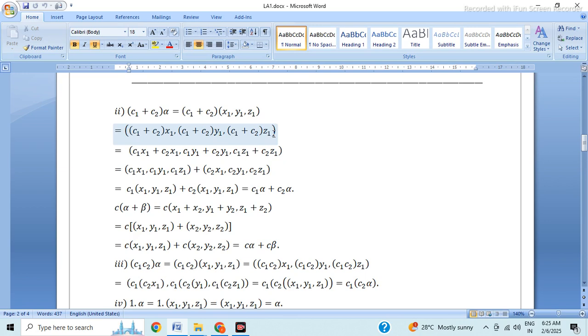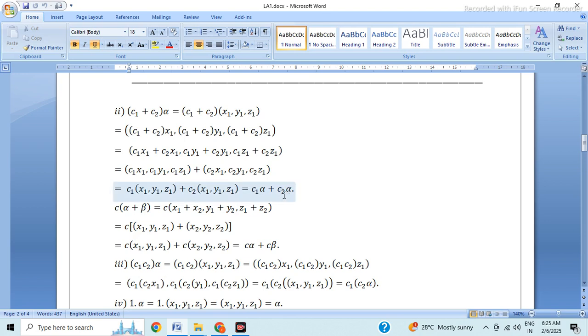Again, next what will we do? We will split that. Consider all the first terms: C1 x1, C1 y1, C1 z1. Then we consider all the second terms: C2 x1, C2 y1, C2 z1. Then for the first one, we can take C1 as common, giving C1 alpha. Second term gives C2 alpha. Now we got the first condition.